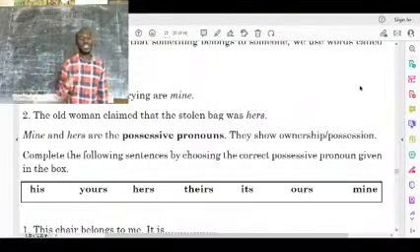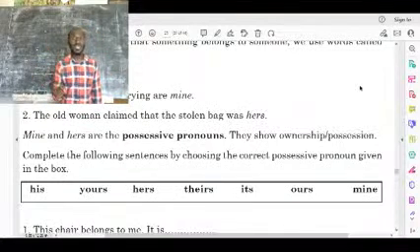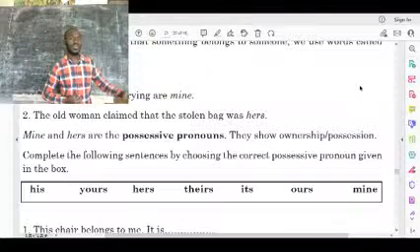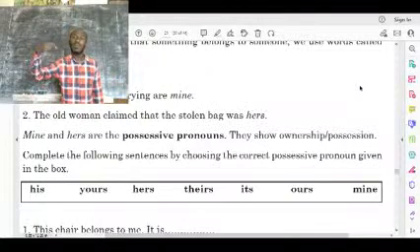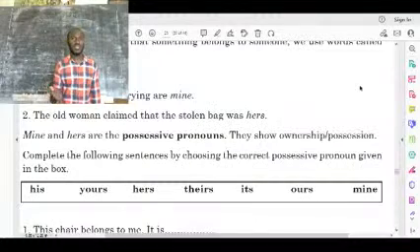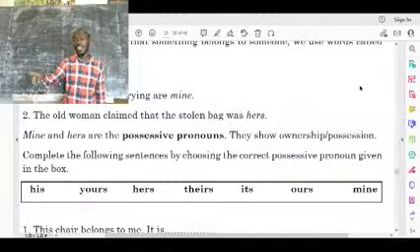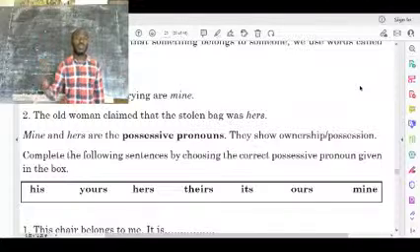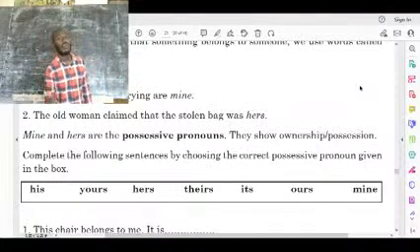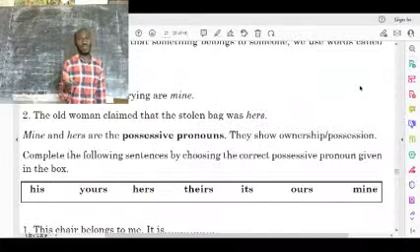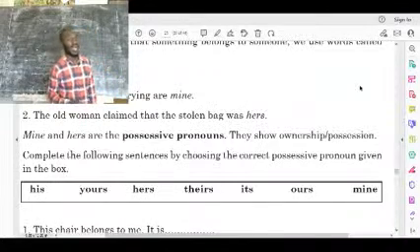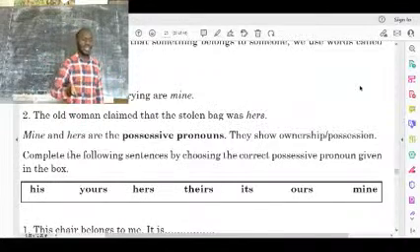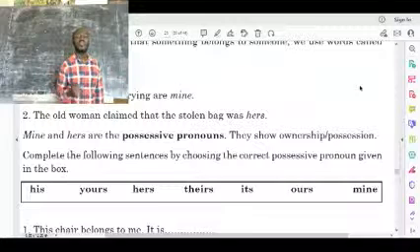I think that he said that book is his. So this person here said that book belongs to him. So his is a possessive pronoun that is used to show that something belongs to someone who is a male, whether a boy or a man, as long as they are male and human.